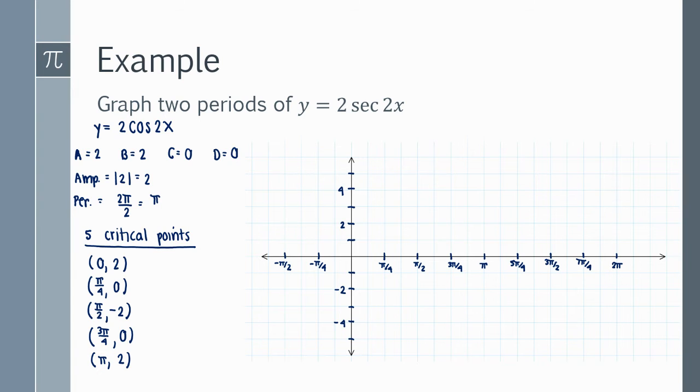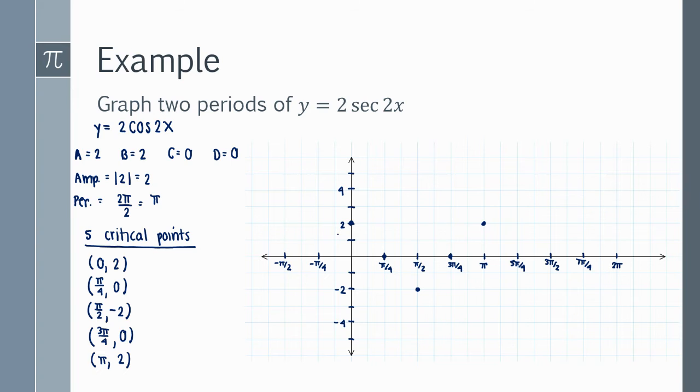All right, so now that I've labeled both the x and the y-axis, I'm going to plot those critical points for cosine. So 0, 2, pi over 4, 0, pi over 2, negative 2, 3 pi over 4, 0, pi, we're at 2.